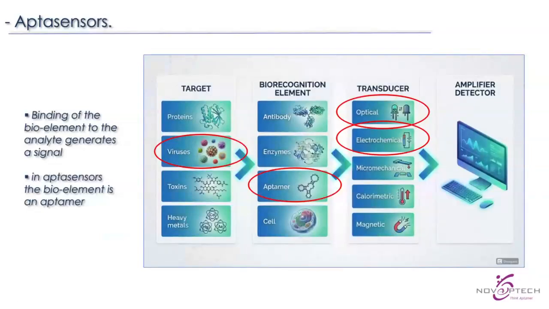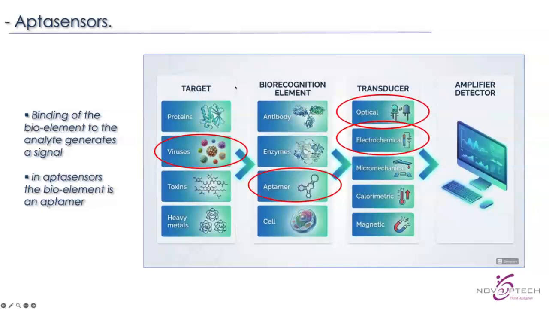Once we have this optimized aptamer, we introduce it into a biosensor. A biosensor is a device that is composed of a biorecognition element that will be specific for the target. This biorecognition element is associated with a transducer, something that will deliver a signal indicating that this element interacts with the target.